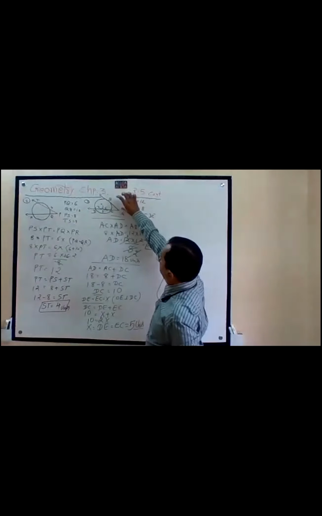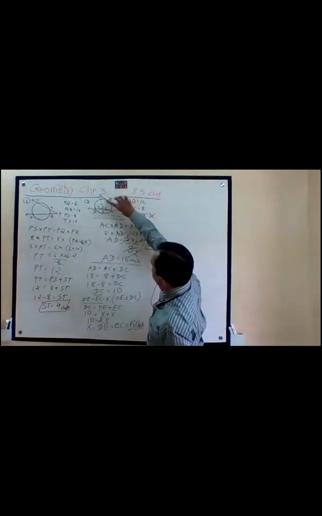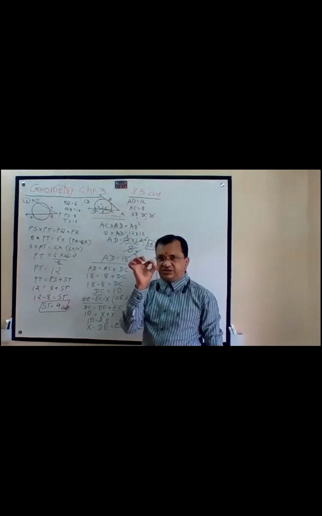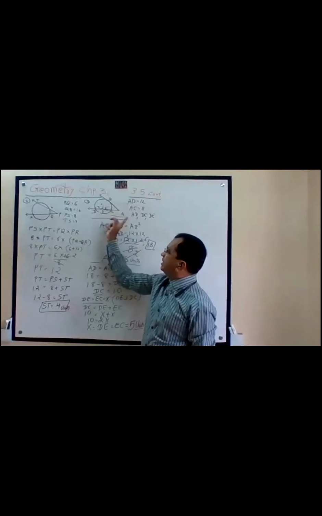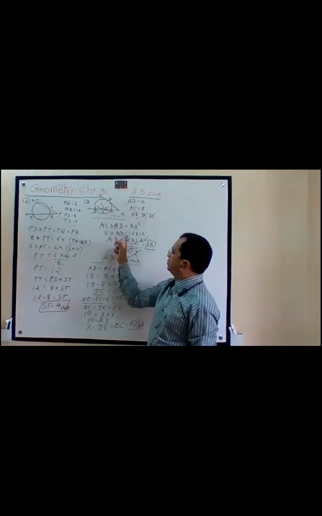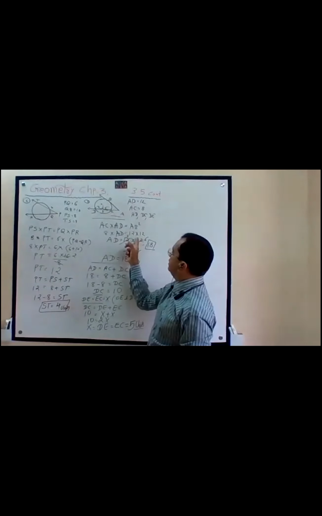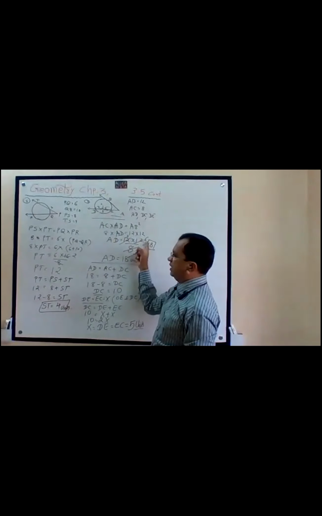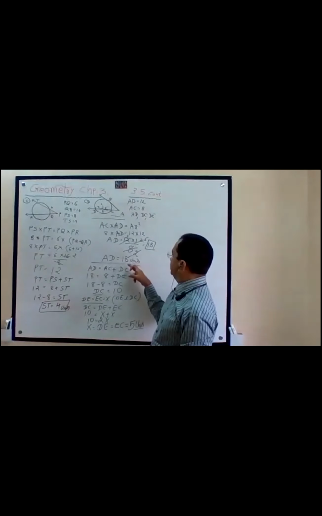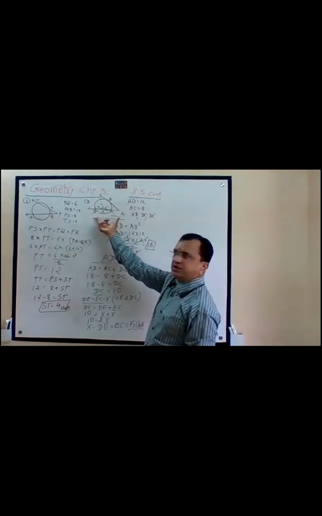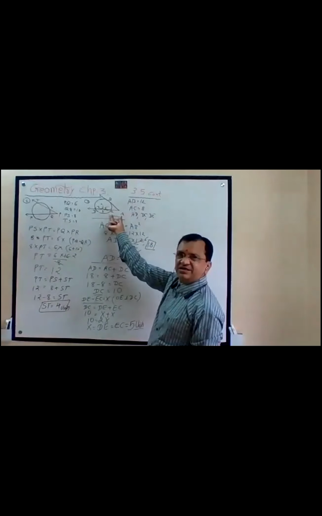Again, AB square is equal to AC into AD from the intersection. AB into AB, AB square, AC into AD. AC given, AB given, third not given. 12 into 12, 144 divided by 8 is equal to 18 units. Total is 18. This much is 8.